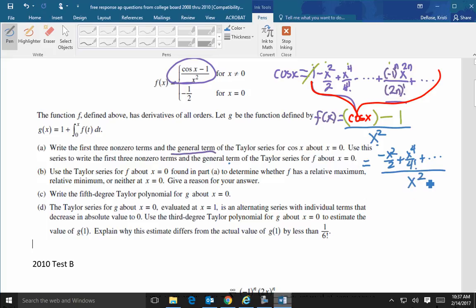You can take off the 1. Make sense? Okay. How many do I have to do? 3?